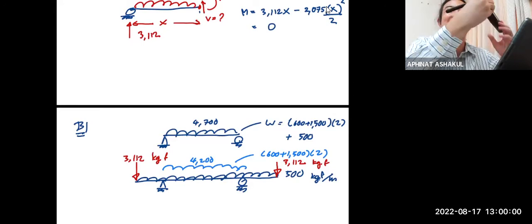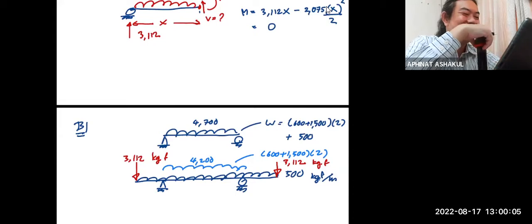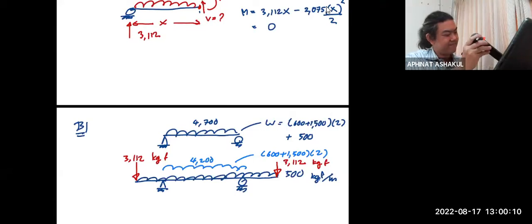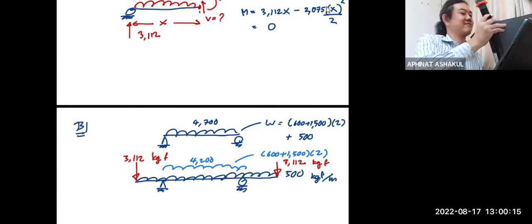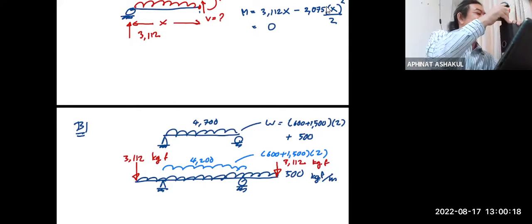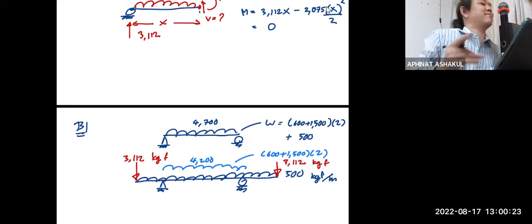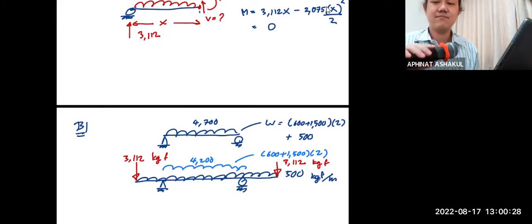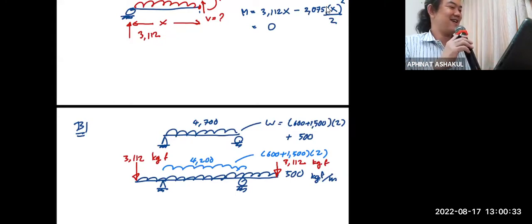Maybe you can use a headset like this, like in the concert. Anyway, maybe I developed some muscles.